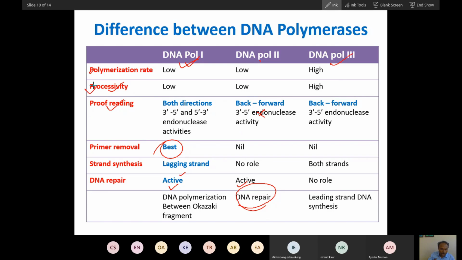Which type of proofreading function? Which has primer removal capacity? Which DNA polymerase synthesizes the leading strand? Which is helpful in DNA repair? These are all questions.